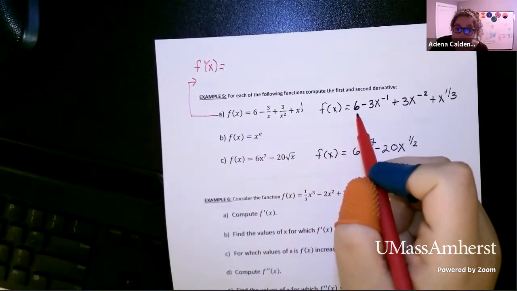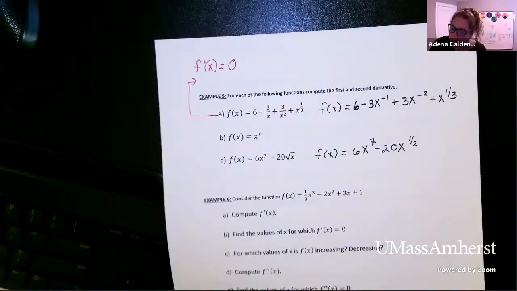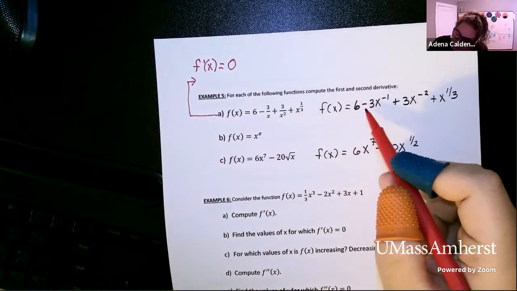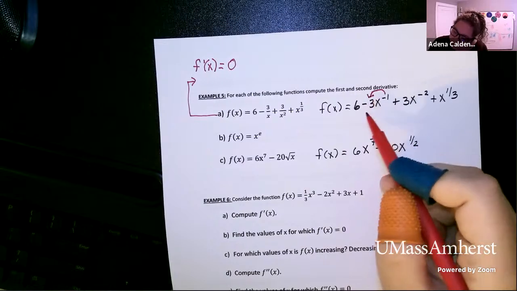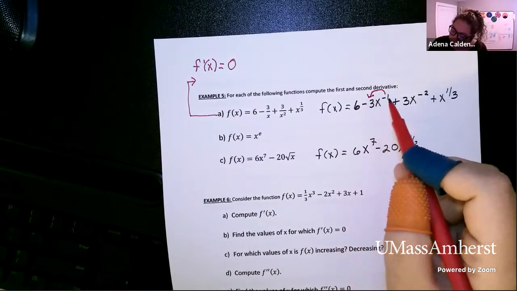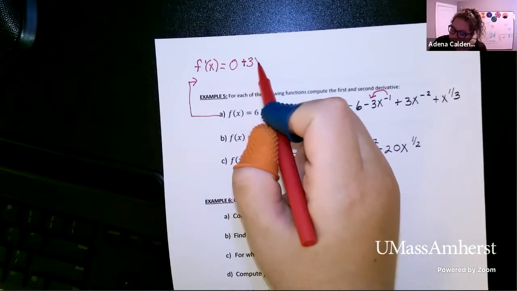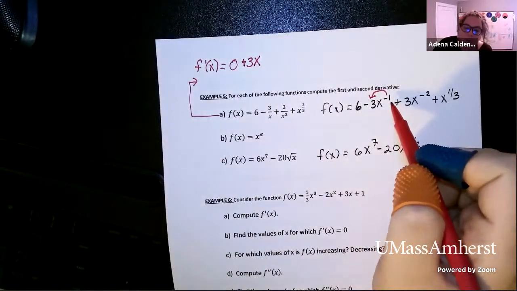The derivative of 6 is 0. We can write that down just as a placeholder, so we're reminded that that's what the derivative was. For our second term, we have minus 3x to the negative 1. When the negative 1 comes down to multiply this minus 3, the negatives cancel, right? So the 3 stays from the constant multiple rule, and now I need to subtract 1 from the power.